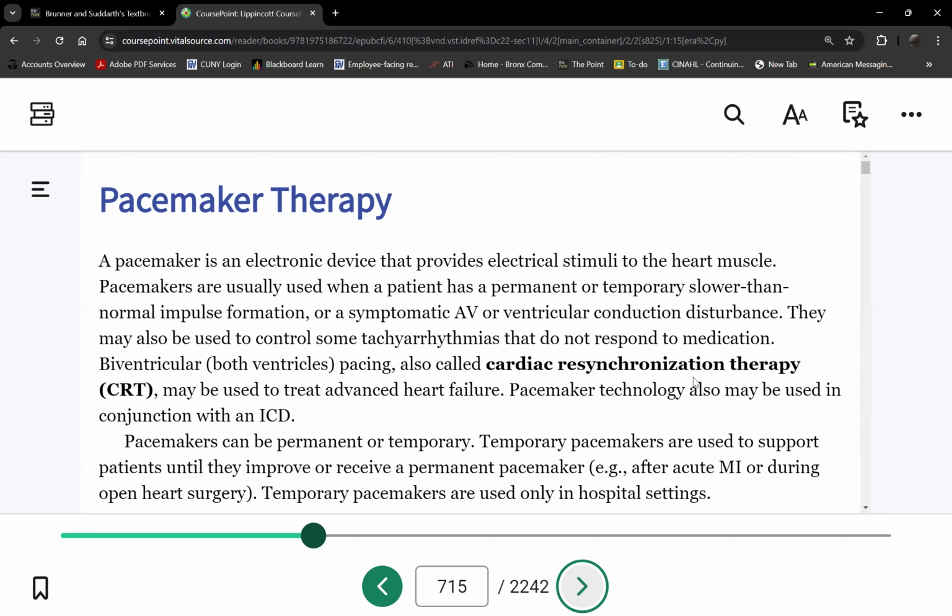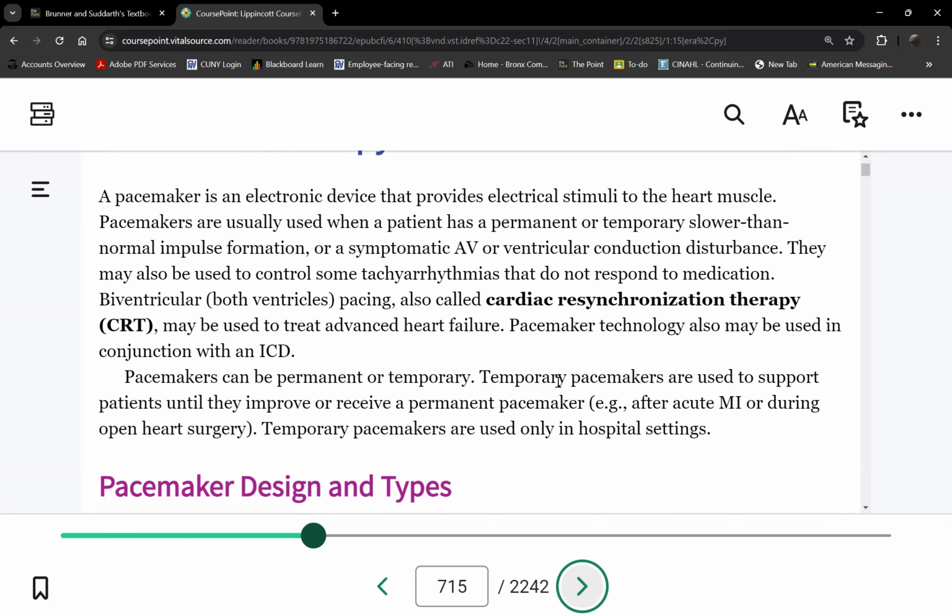Okay. All right, so who needs a temporary pacemaker? So among the 4 heart blocks, which 2 will require a pacemaker? Second degree, type 2, and third degree heart block. Okay. Who else will require a pacemaker?